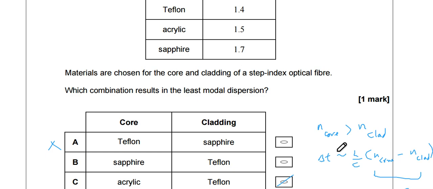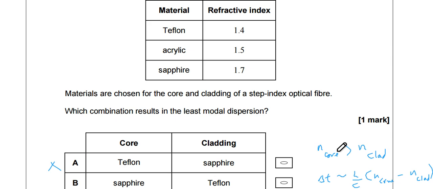Okay. The core refractive index should be greater than the clad. Because for refractive index we have the velocity of light in vacuum or in air over that in the medium, and when it is greater in core than in clad, this means that the velocity in core is less than the velocity in clad.